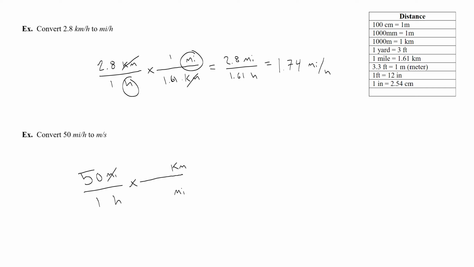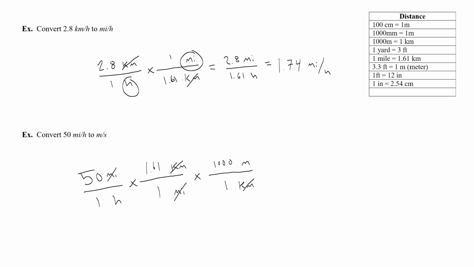And so I will get this into kilometers an hour. I know that there is in 1 mile 1.61, which means now I'm going to actually multiply 50 by 1.61. And to convert from kilometers to meters, I know that in 1 kilometer there is 1,000 meters.